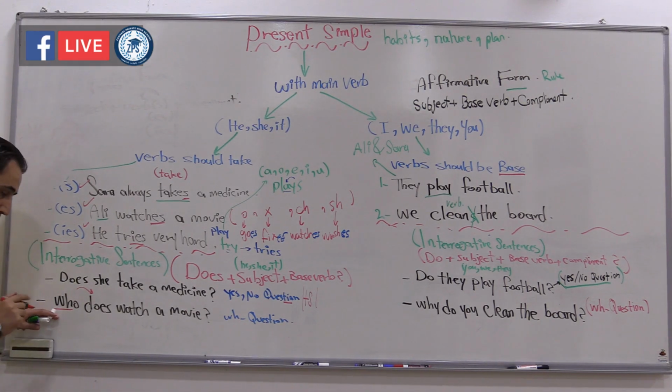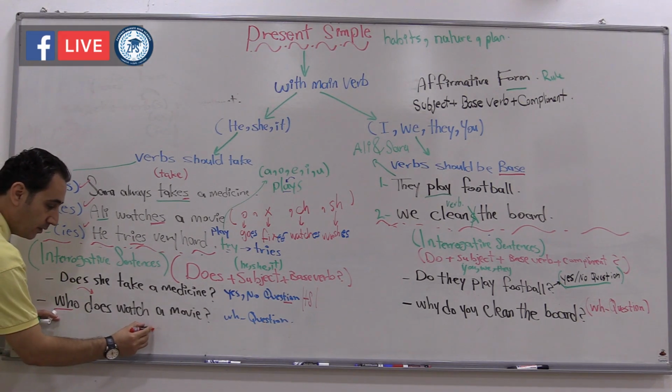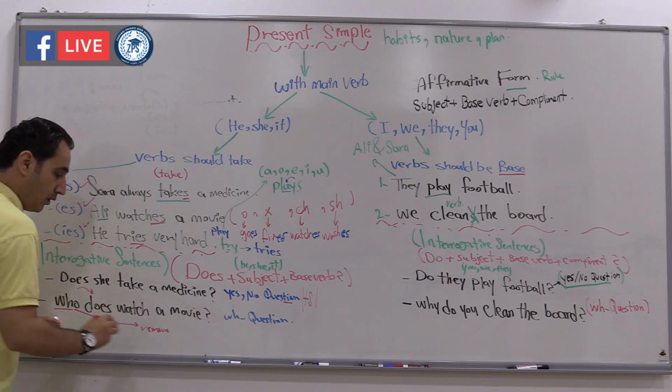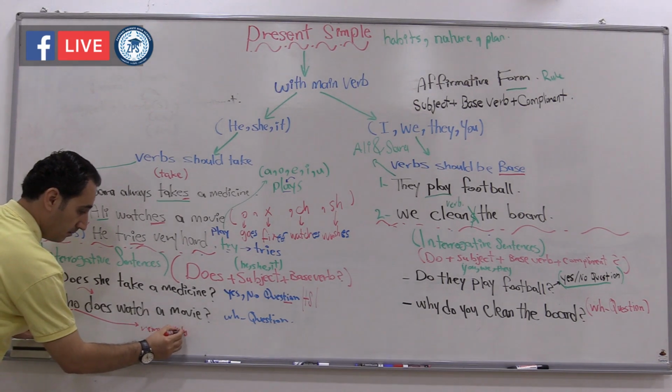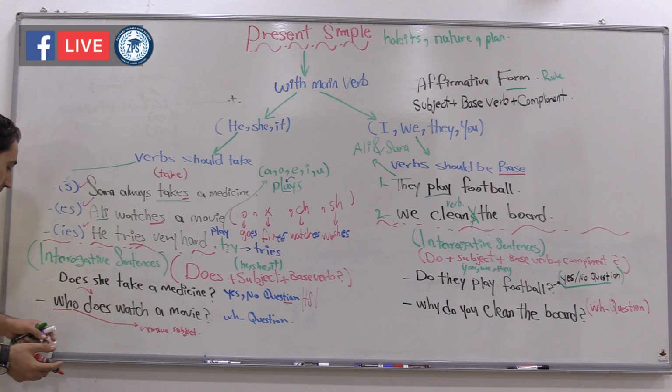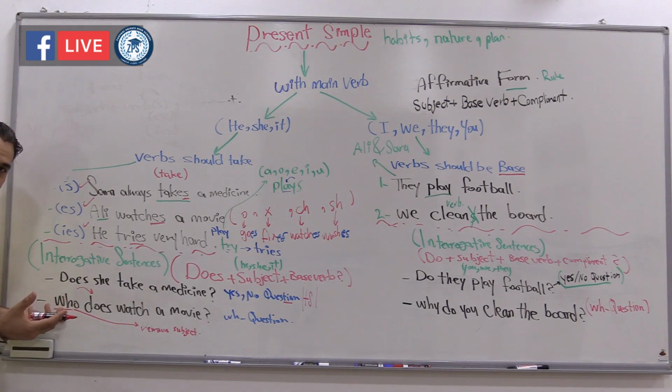When you use who, you should remove the subject, because we are asking about the person. We are looking for the person who does watch a movie. Who does that, okay?